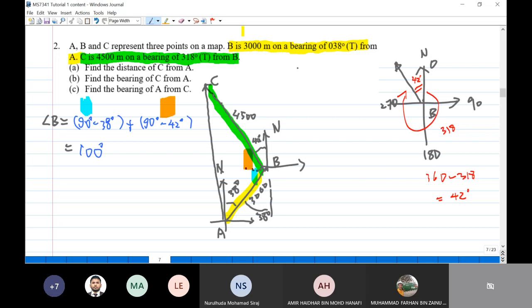Okay, so you know angle B now. Angle B is 100 degrees. So after you draw the triangle, you find angle B, which is 100 degrees.